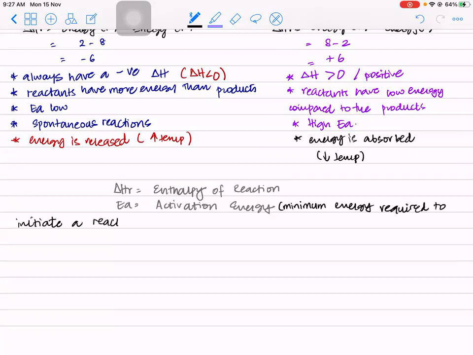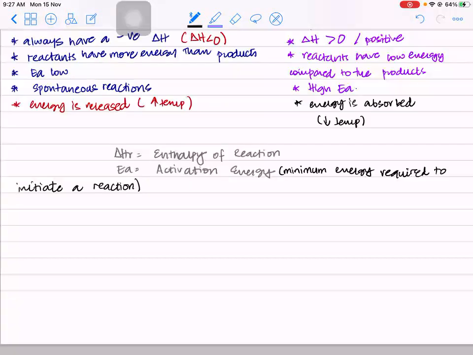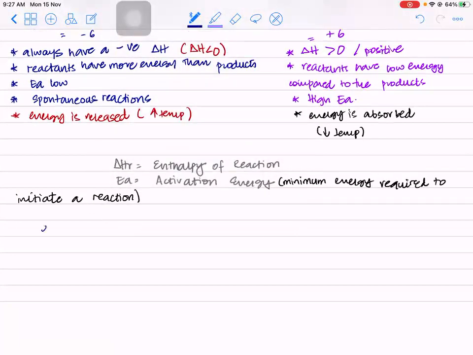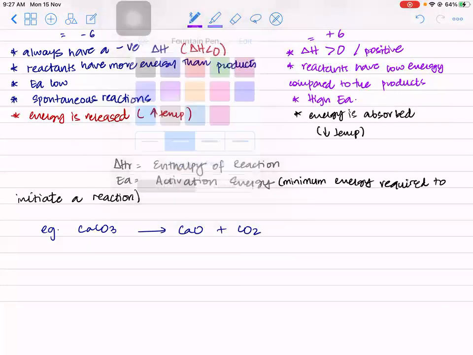Now, I told you that we can find delta H how? By energy of products minus energy of reactants. Let me take an example of a reaction where calcium carbonate decomposes into calcium oxide and carbon dioxide. If I ask you to calculate the delta H for this, what would you say?